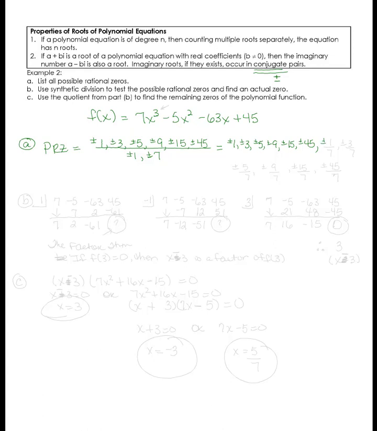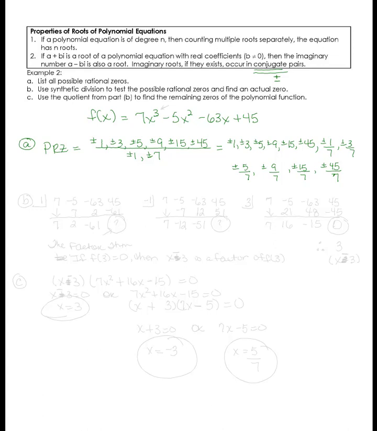So we have plus or minus 1/7, plus or minus 3/7, plus or minus 5/7, plus or minus 9/7, plus or minus 15/7, and plus or minus 45/7. So these are all the possible rational zeros.